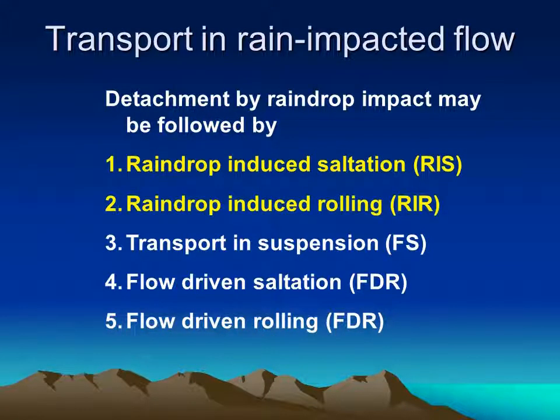When detachment occurs by raindrop impact, the particles can then be moved downstream by one or more transport mechanisms. The first two here are raindrop-induced saltation and raindrop-induced rolling.